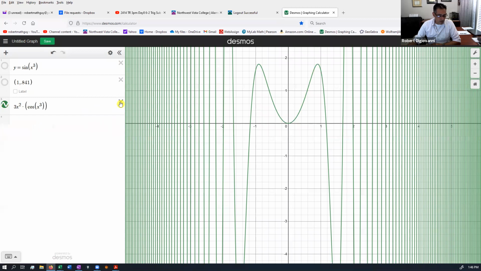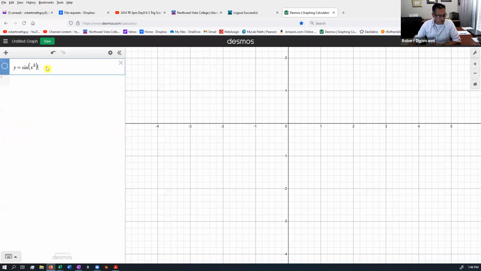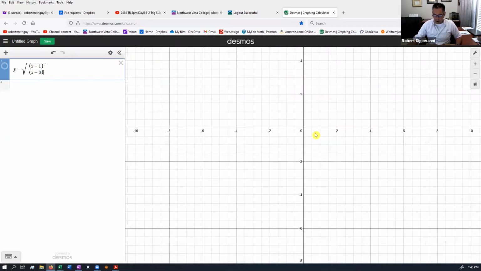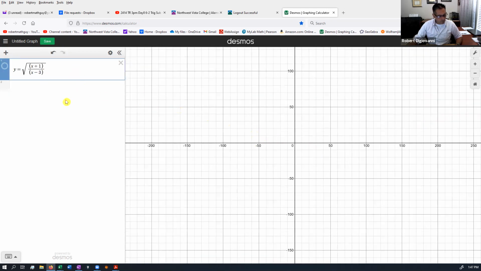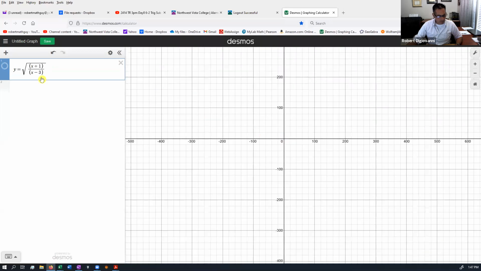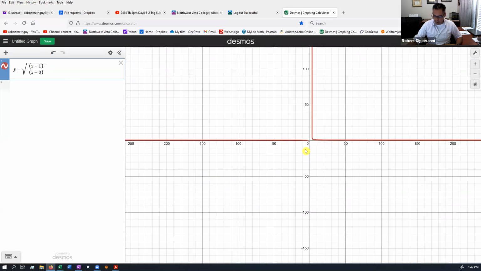I believe it because the math shows it, but I can prove to you geometrically too. If we take the square root of x plus 1 and divide it by x minus 3 and zoom out, where is it? Why is it not graphing it? Oh, I have it turned off, that's why.